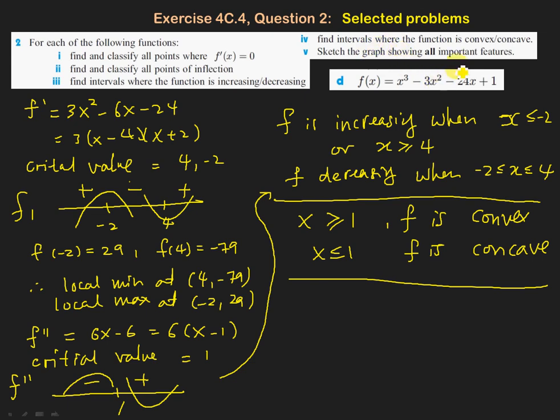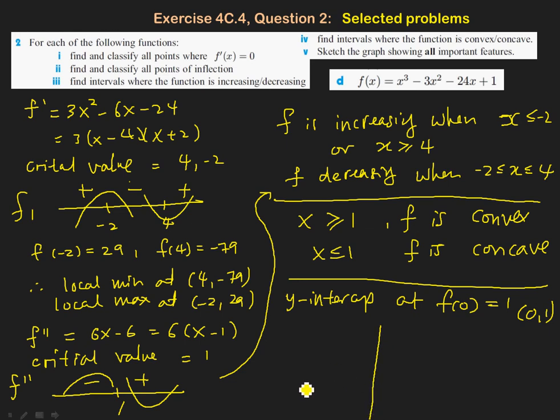And the last one is to sketch the graph showing all important features. First we get the y-intercept. The y-intercept occurs at f(0). If you check the function carefully, when we substitute x as 0, we'll get 1. So the curve cuts through the point (0, 1).